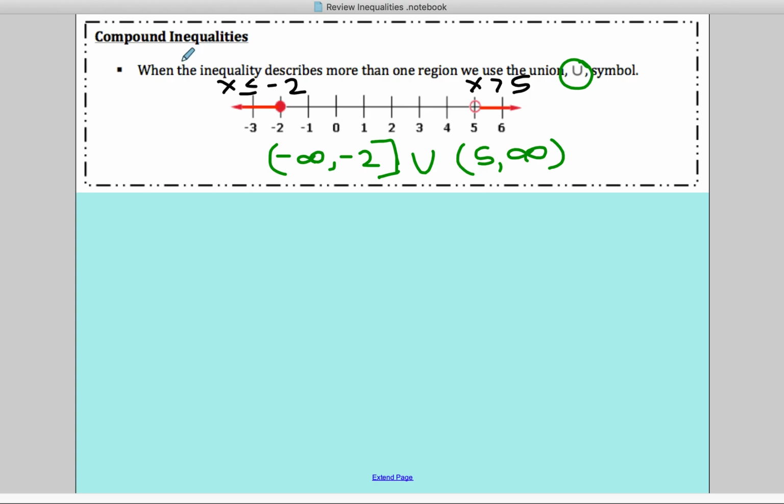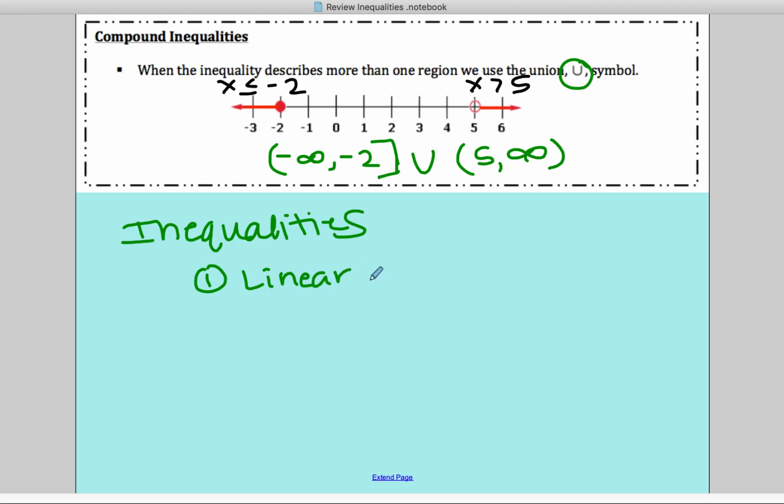Okay. So there's our little review on how to write in boundary or interval notation. In the next few videos, we are going to go ahead and review some inequalities that you have covered before. The first one will be linear inequalities and absolute value.